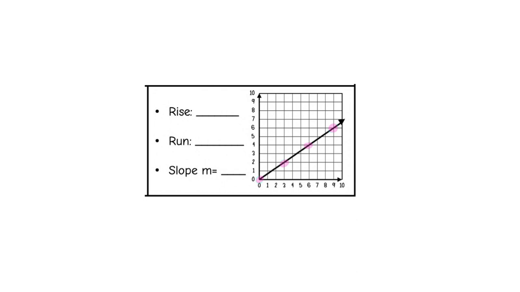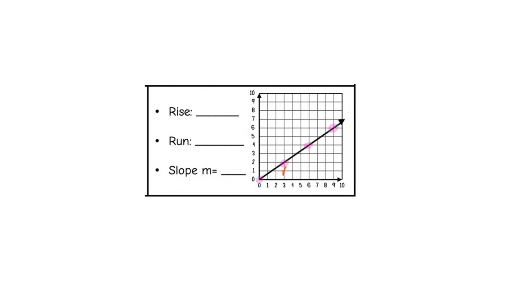So, rise over run. If I'm starting at this point and I want to get to this point, first I look at my line, it goes up. So if it goes up, it is going to be a positive slope.